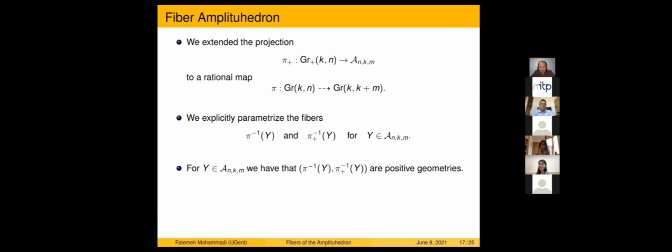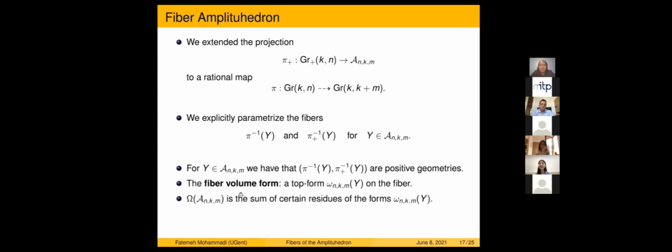So in particular, they come with a unique top degree rational form, the canonical form. We would call this the fiber volume form for now. And then you can take certain residues of these fiber forms, sum them up, and get the canonical form of the Amplituhedron.